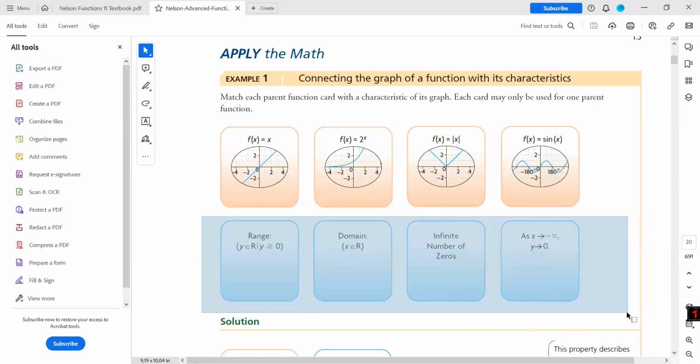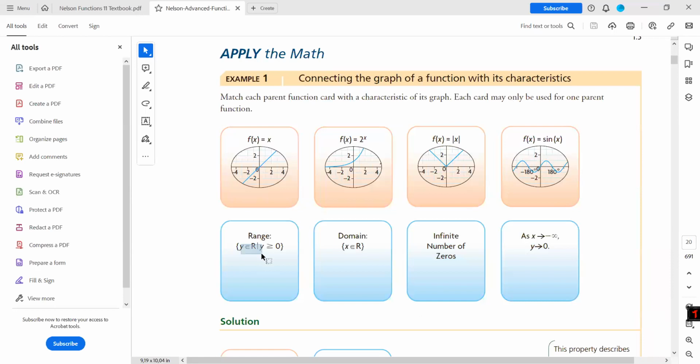And here we have 4 cards. Range of y greater than or equal to 0, domain x an element of all real numbers, infinite number of zeros, and as x travels to negative infinity, y travels to 0.